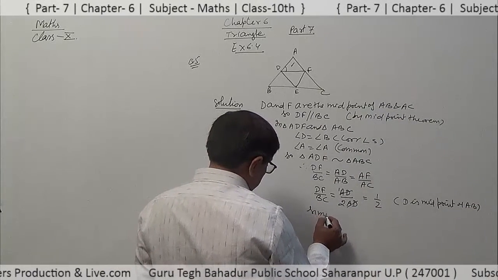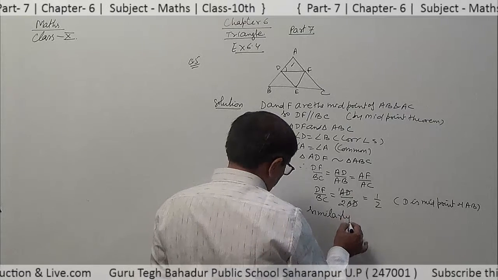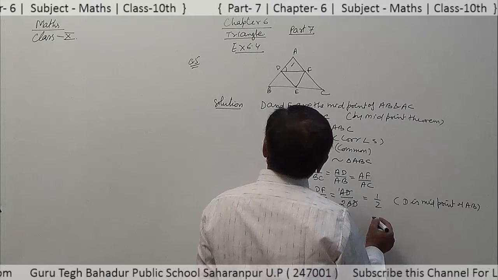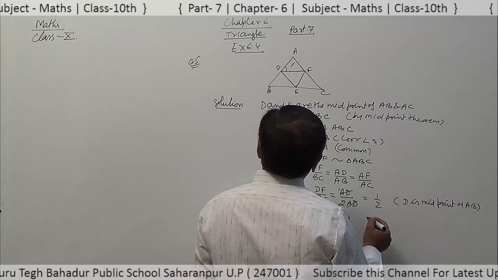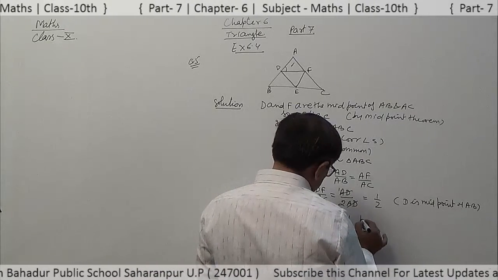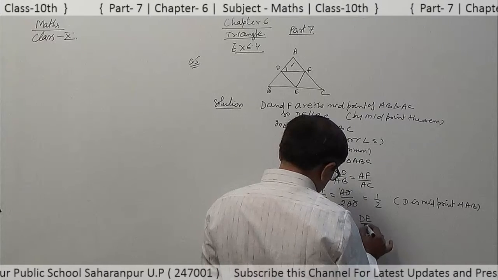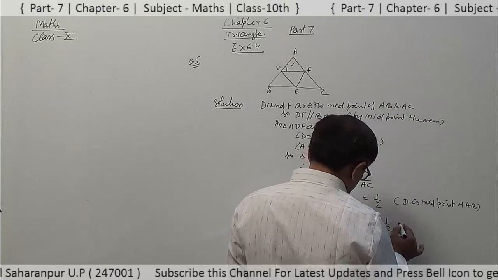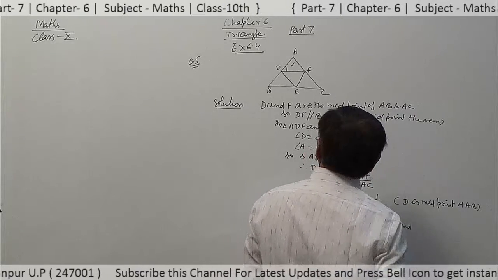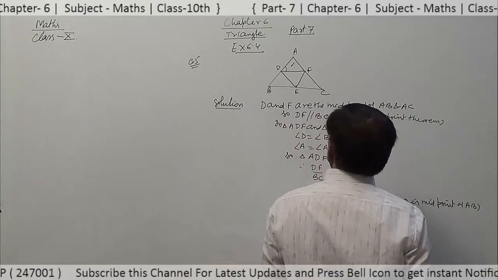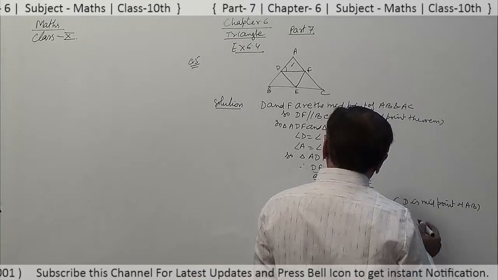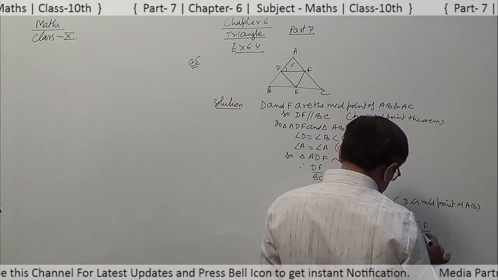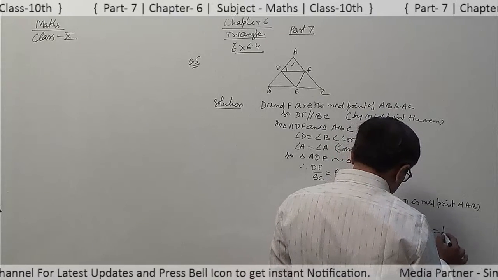Similarly, DE upon AC is 1/2 and EF upon AB is also 1/2.